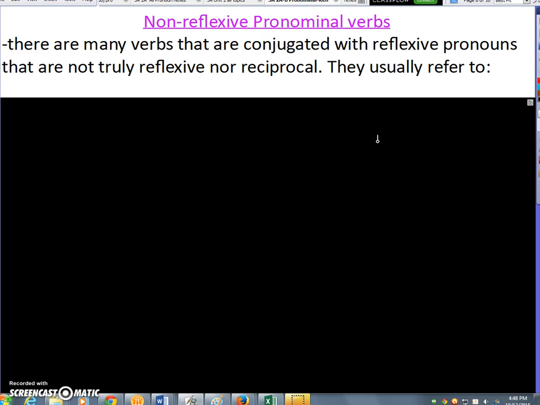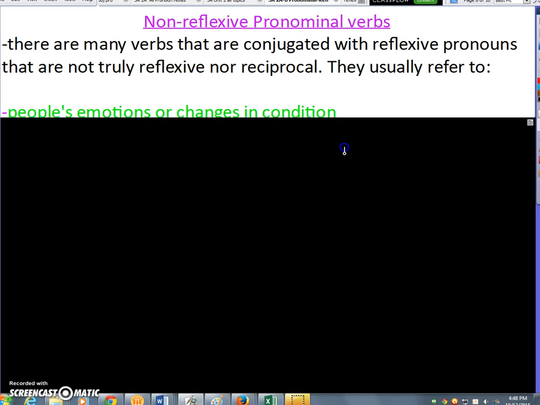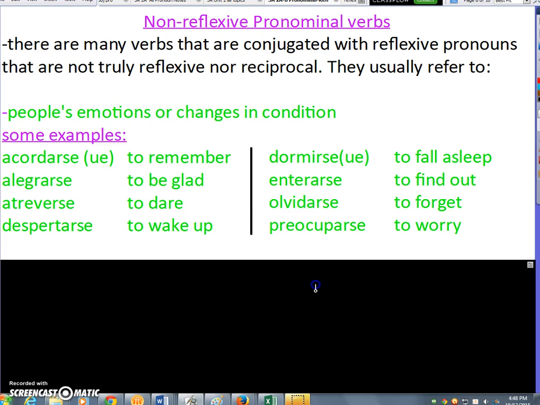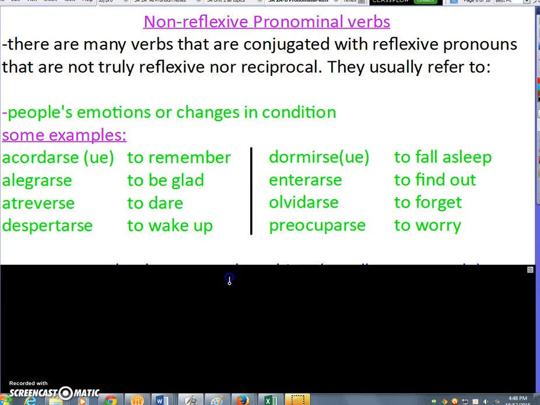So either we do something to each other or I do something to myself, but these are not truly reflexive nor reciprocal, and they usually refer to people's emotions or changes in condition. For example, these here. So remembering something, worrying about something, that's an emotional or mental state, and a lot of times you use a reflexive verb to talk about that.